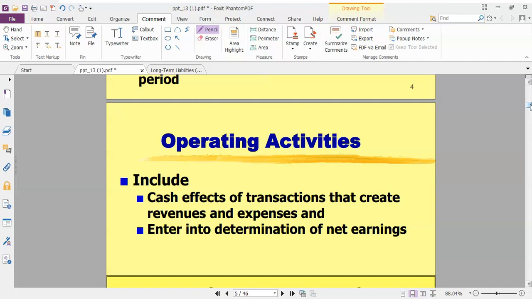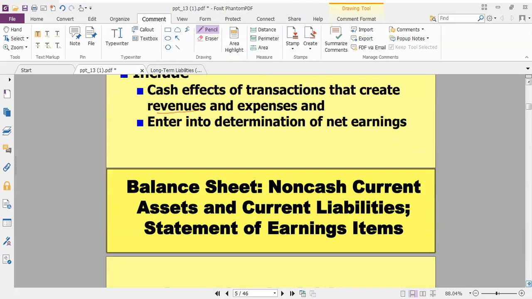Operating activities include cash effects of transactions that create revenues and expenses, and also enter into the determination of net earnings. All of the revenues and expenses you should include under operating activities, right? So that is for operating activities.